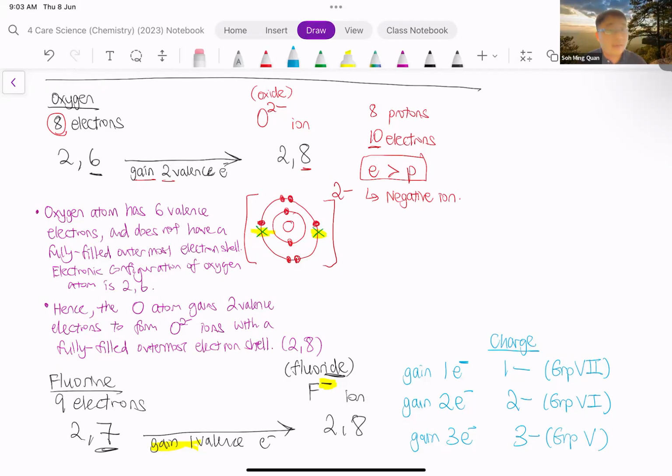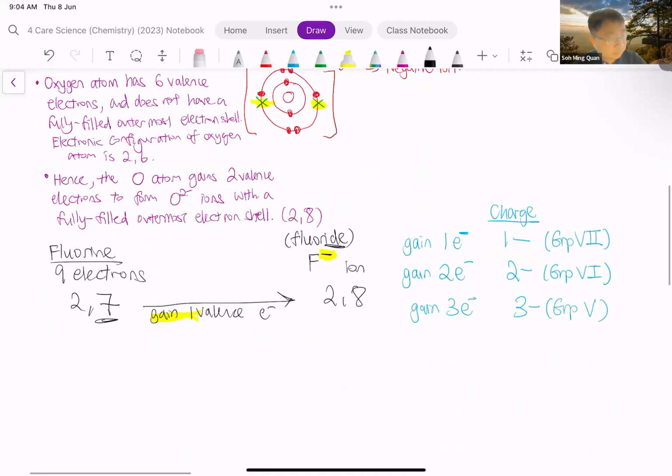All right. And this is what we call a transfer of electrons, which results in the formation of an ionic compound. Why ionic? Because we know that potassium loses electrons to form K plus ion. Oxygen gains valence electrons to form oxide ion. So it's ions, therefore it's called ionic compound.